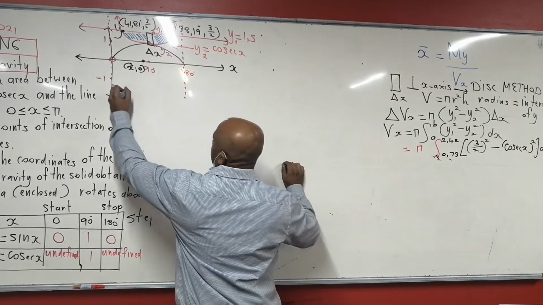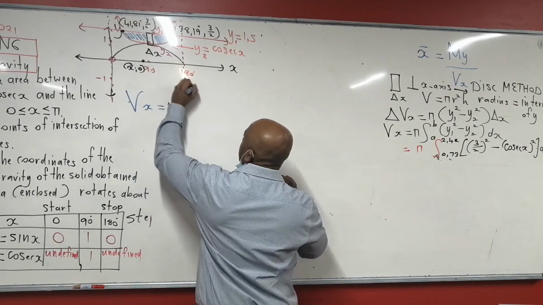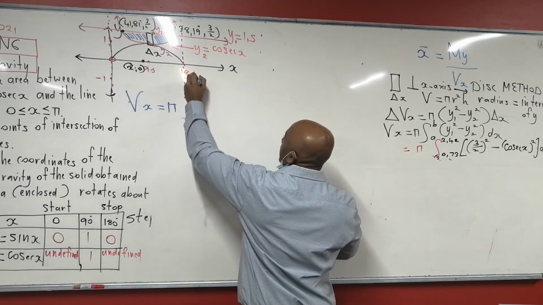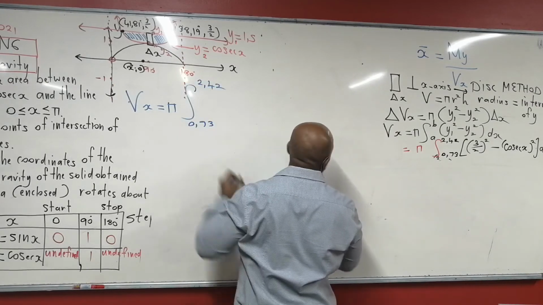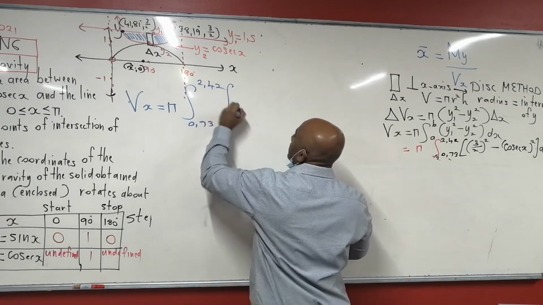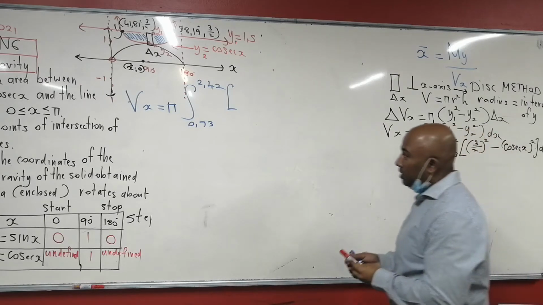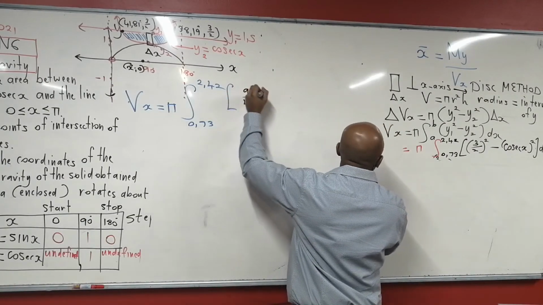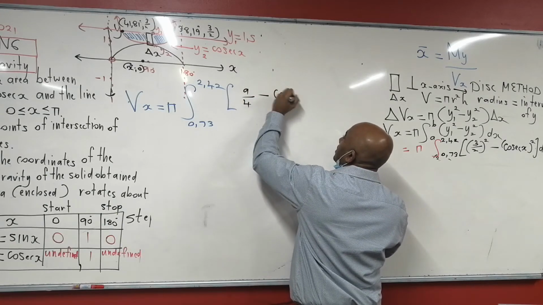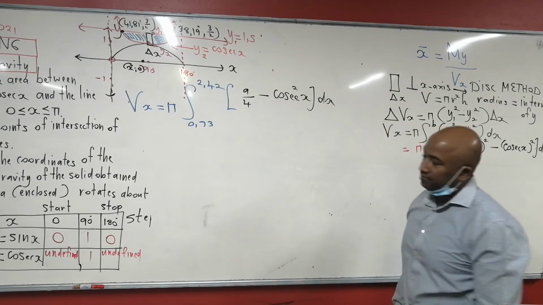Right, so let me just copy it down here. So my volume, that's my pi there. That's 2.42, 0.73. 3 over 2 all squared. That's going to be 9 over 4 minus cosec squared x and dx.